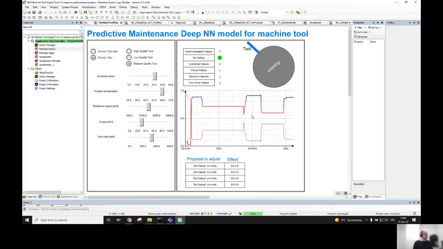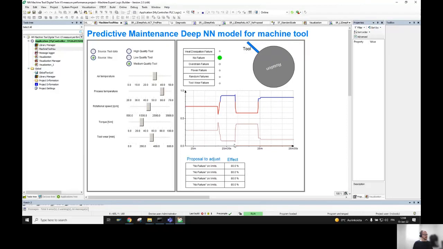So we have predictive maintenance telling us, with these inputs and parameters, the probability of failure or what failure mode will come if these parameters are kept. Added to that, we also have a proposal: if we are in a zone where failure will come, we have a proposal for which parameters we should adjust.